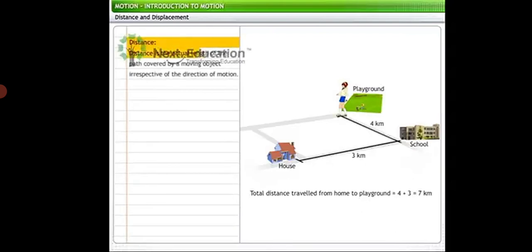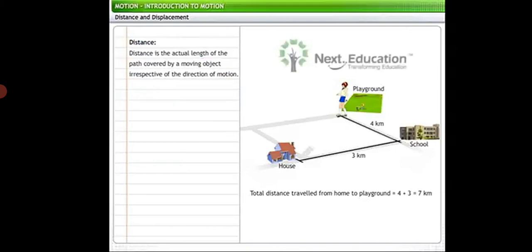Thus, distance is the actual length of the path covered by a moving object, irrespective of the direction of motion. However, the straight route from Mary's home to the playground is only about 5 kilometers long.